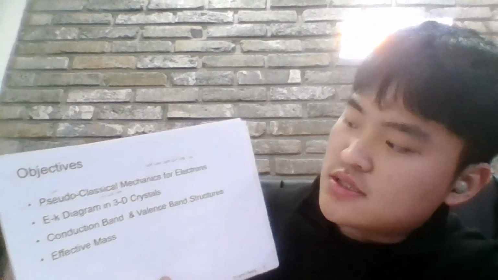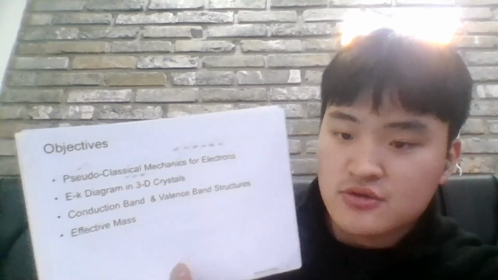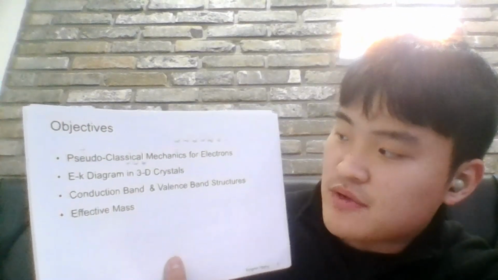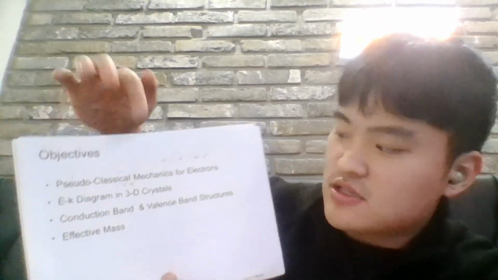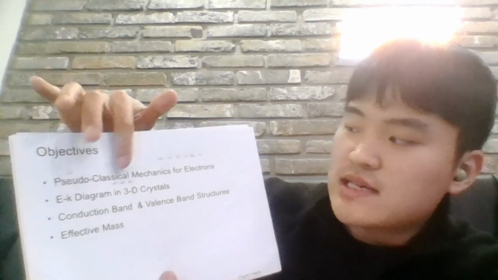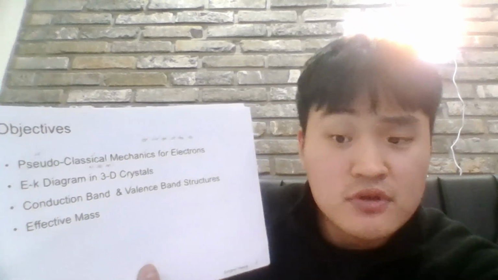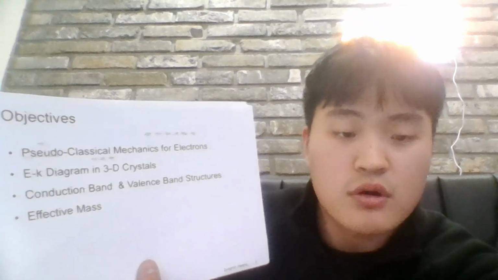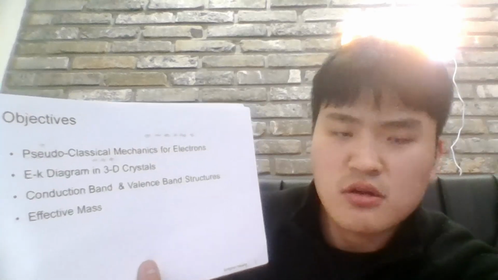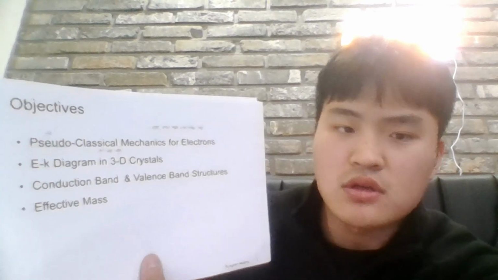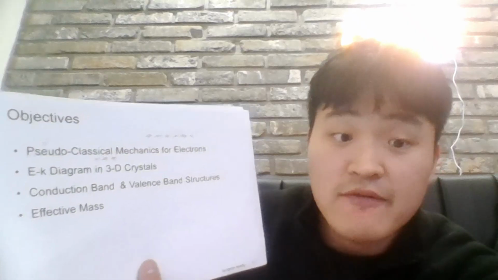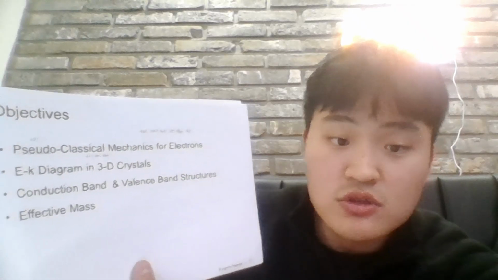my fourth course material. And for the fifth, there's pseudo-classical mechanics for electrons, EK diagrams in 3D crystals, conduction band and valence band structures, and effective mass. For the pseudo-classical mechanics, we have to learn this because in the real world, it is hard to interpret how real electrons behave, how electrons move.